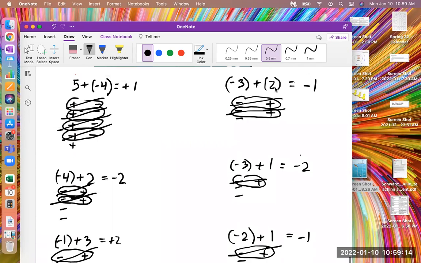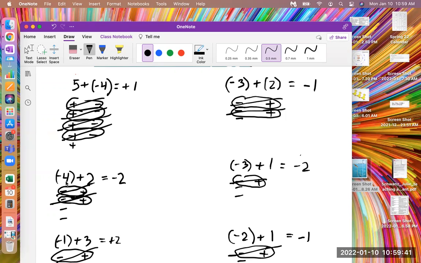Okay, so you should be thinking, well, the answer is whichever you had more of, right? If you had more negatives, like in this problem, -3 + 2, the answer is going to be negative. You guys notice that? So like we had a +5, -4, and the positives were more, so we had a positive answer.